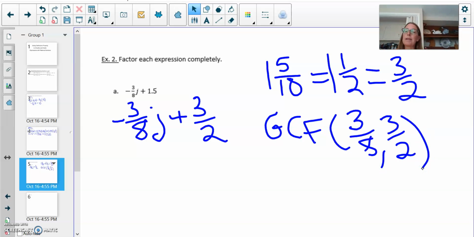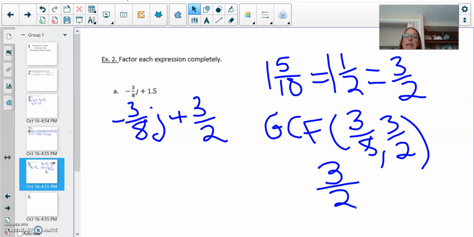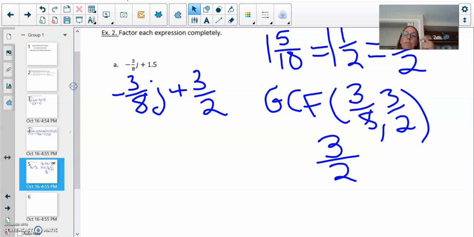So I can break it apart into the numerator and the denominator. The greatest common factor of 3 and 3 would be 3. And in the denominator, the greatest common factor of 8 and 2 is 2. So my greatest common factor in each term is going to be 3/2. So I'm going to rewrite each term showing that 3/2 as a factor.